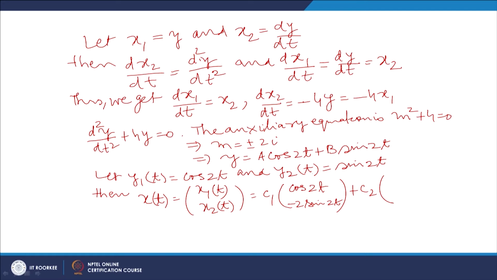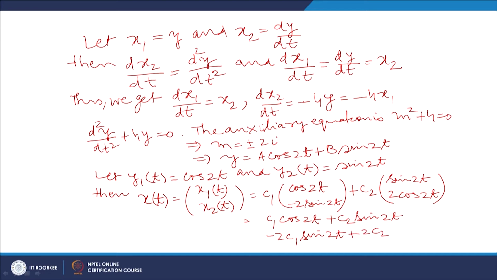Now this time we take x1(t) to be sin 2t, and then derivative of x1 gives x2. So we get derivative of sin 2t as 2 cos 2t, and this gives you c1 cos 2t plus c2 sin 2t, minus 2 c1 sin 2t plus 2 c2 cos 2t.